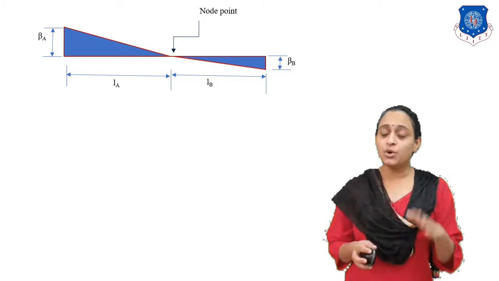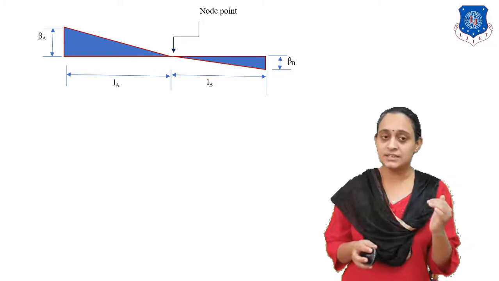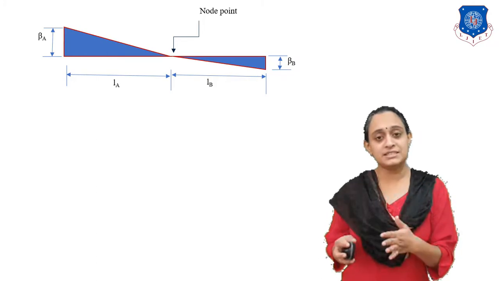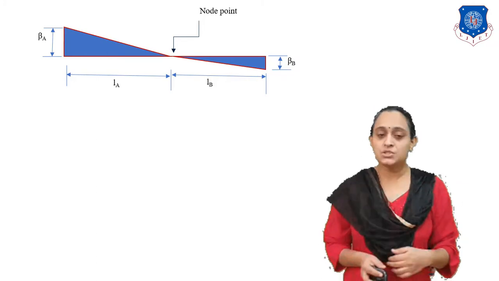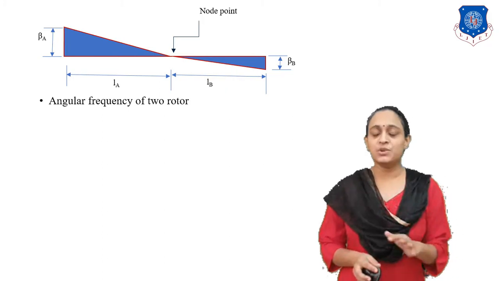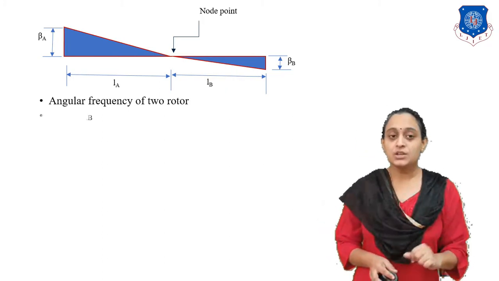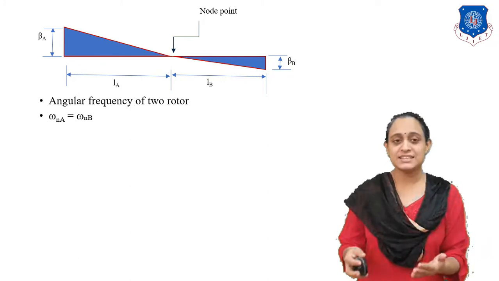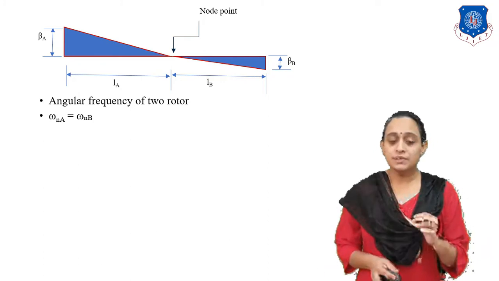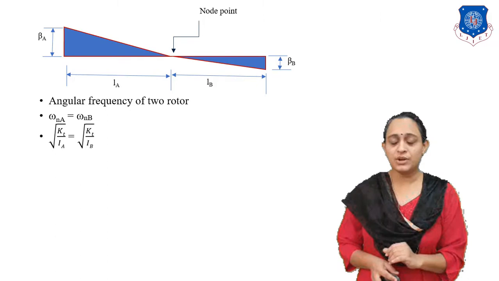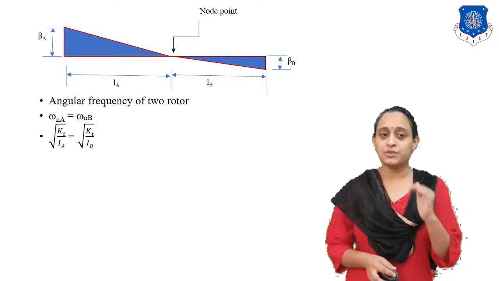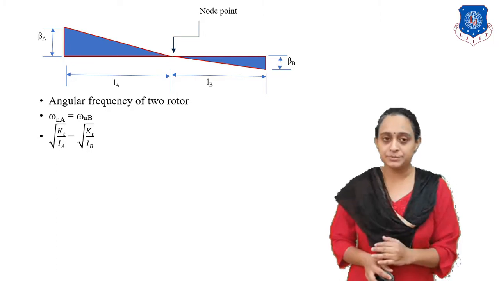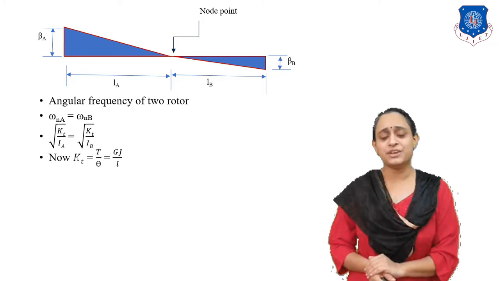The amplitude of rotor A is considered as beta A, and the amplitude of rotor B as beta B. Now let us compare the angular frequencies of the two rotors. By comparing, we get omega NA is equal to omega NB. So, square root of kT by Ia is equal to square root of kT by Ib. Let us put the values of kT.